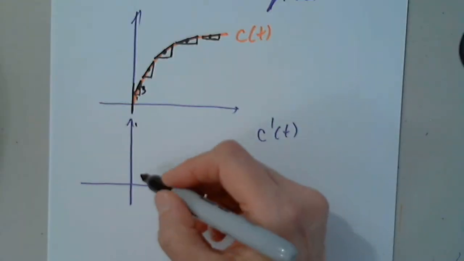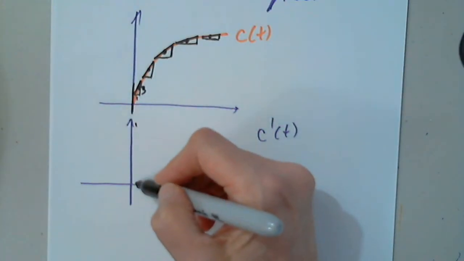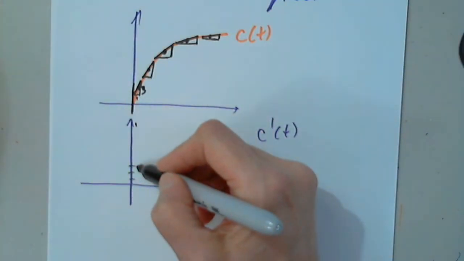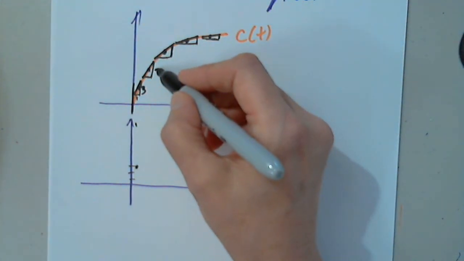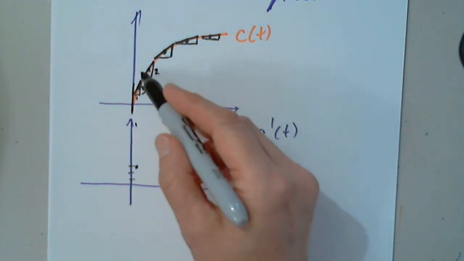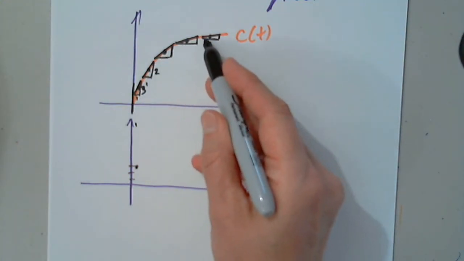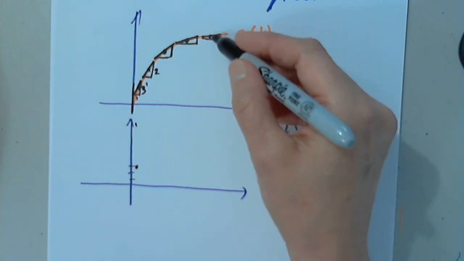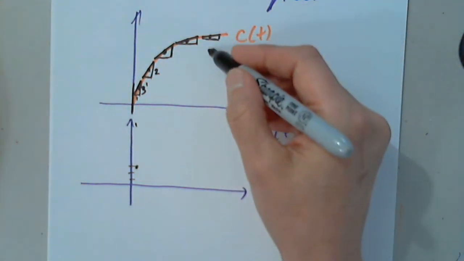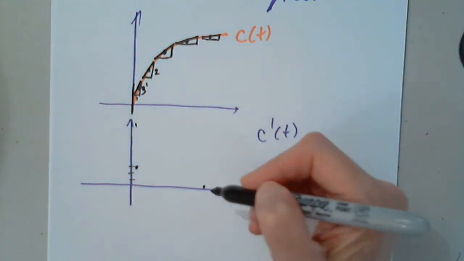So I'm going to say that this is 3/1 at this point. 1, 2, 3. At this point, 2/1, because obviously it decreases, right? Still positive. I'm going to say that here is getting closer to 0.